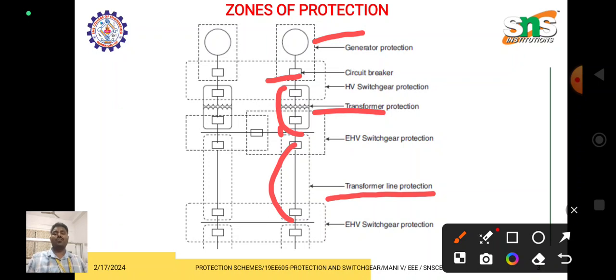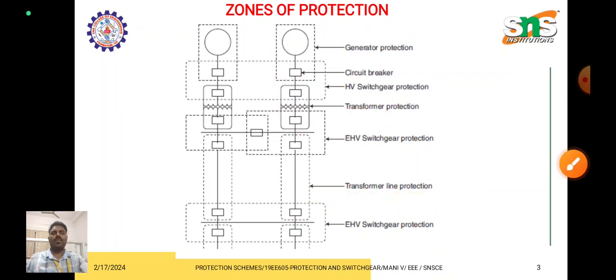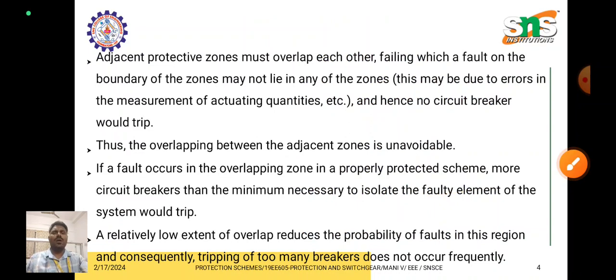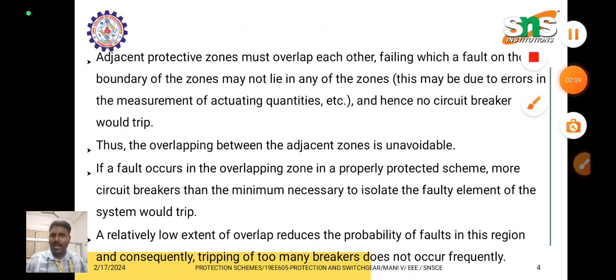None of the area should be left unprotected. All the areas should be overlapped for better quality and better protection. An adjacent protective zone must overlap each other, failing which a fault on the boundary of the zones may not lie in any of the zones.